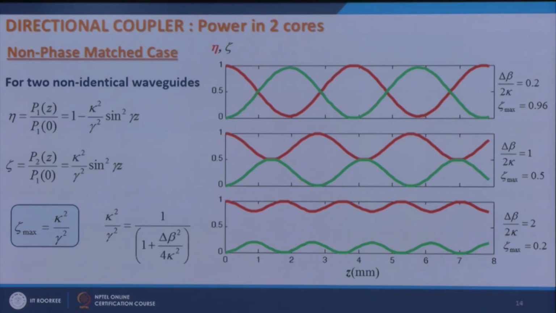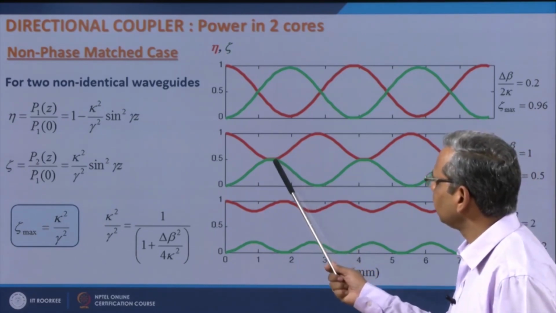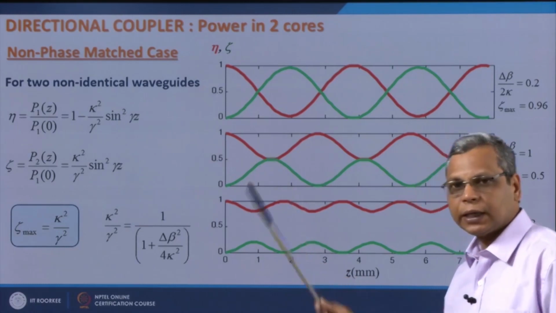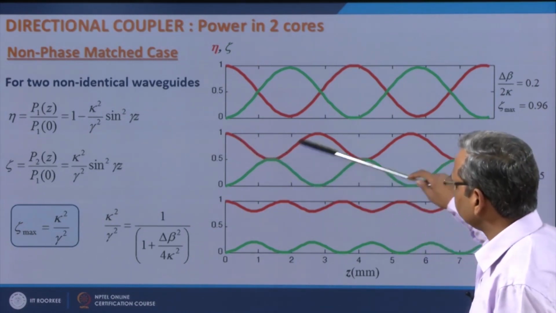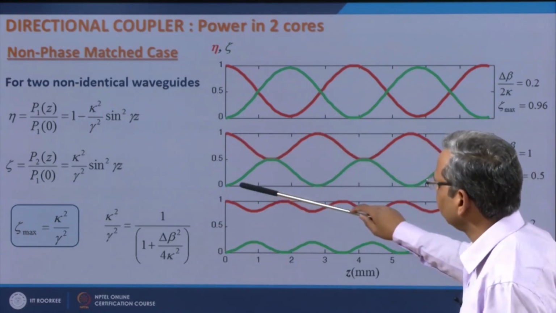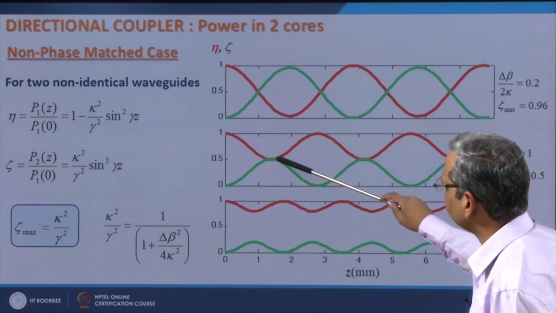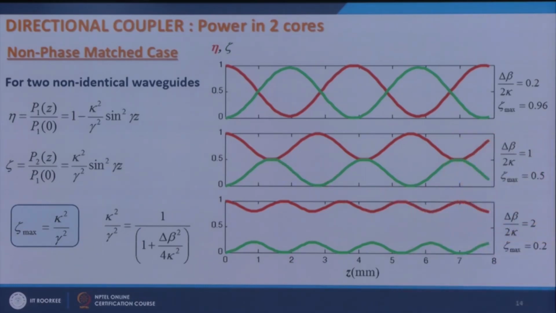If I have delta beta over 2 kappa equal to 1, then zeta max is just 0.5. It means that the maximum power that can be coupled from core 1 to core 2 is 50%. So, the power in core 1 will oscillate like this and power in core 2 will oscillate like this, and it will never cross the 50% mark here.